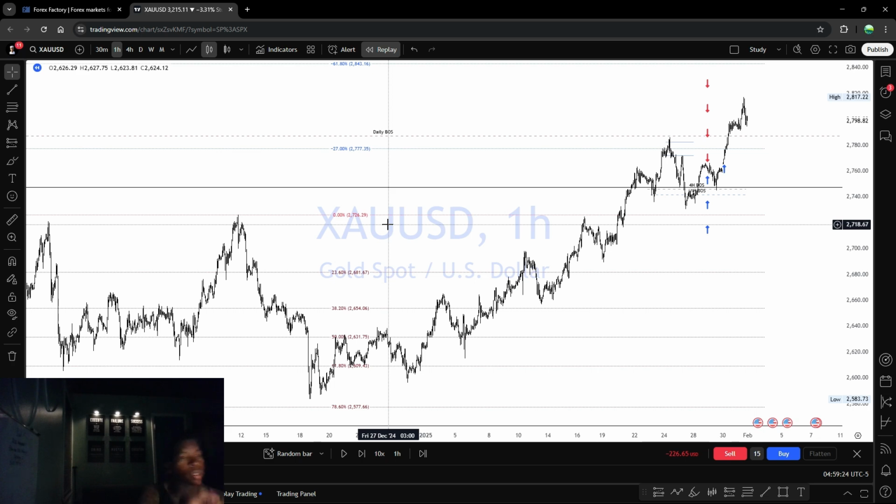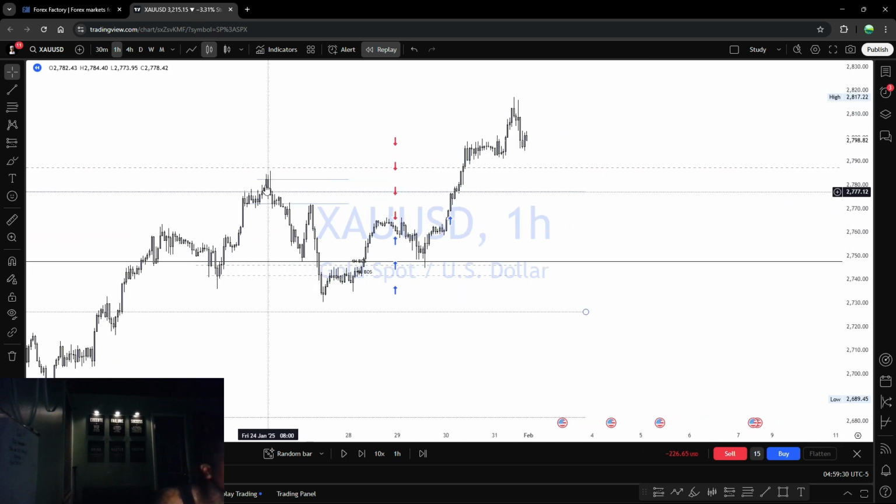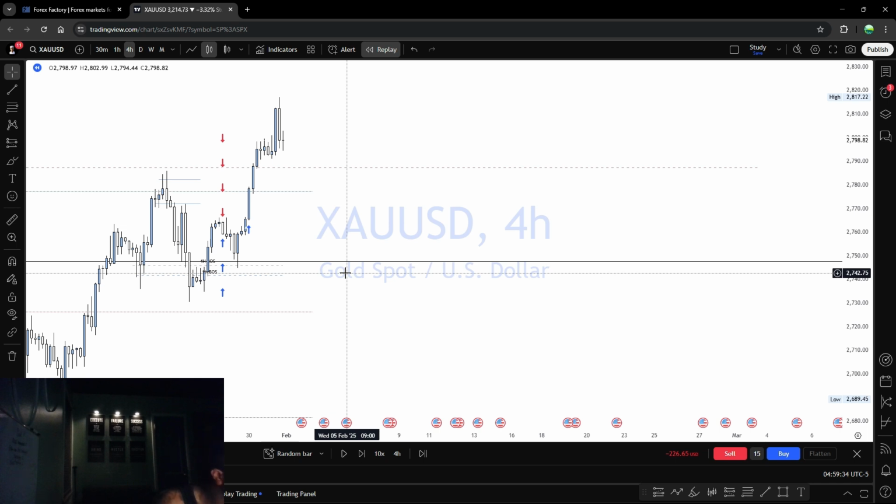Okay, how did I miss this trade for the continuation once we had this break of structure?